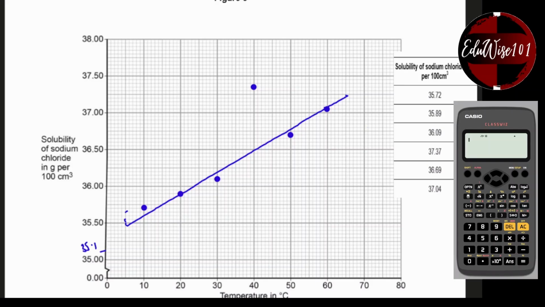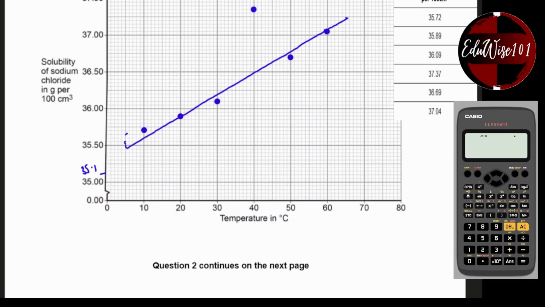Yeah, that is roughly a straight line, as much as I can manage. Next question, and that looks like an anomaly. Remember, the line of best fit has to be a straight line because most of the points are here, so I wouldn't draw a line which is going like a curve.